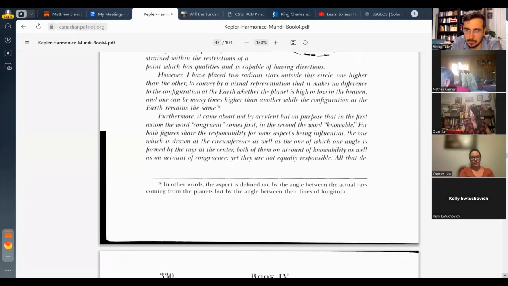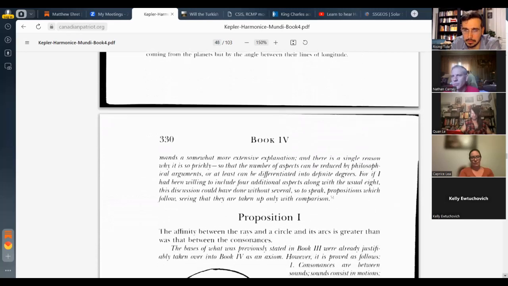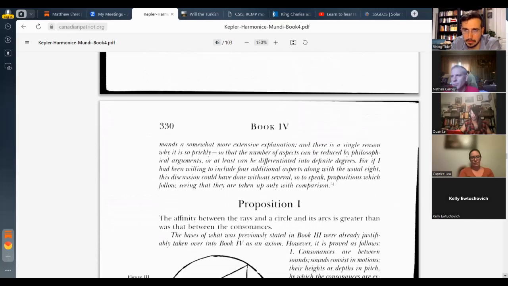In other words, the aspect is defined not by the angle between the actual rays coming from the planets, but by the angle between their lines of longitude. All that demands a somewhat more extensive explanation. And there is a single reason why it is so prickly, so that the number of aspects can be reduced by philosophical arguments, or at least can be differentiated into definite degrees.